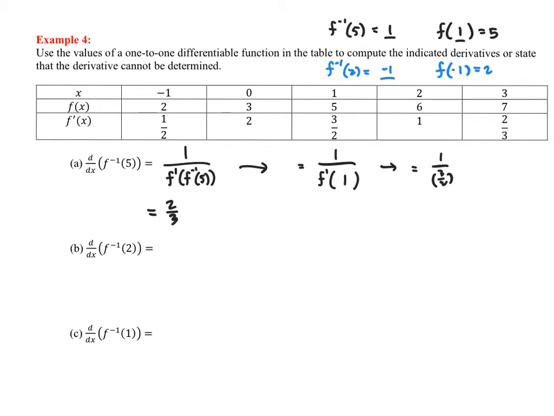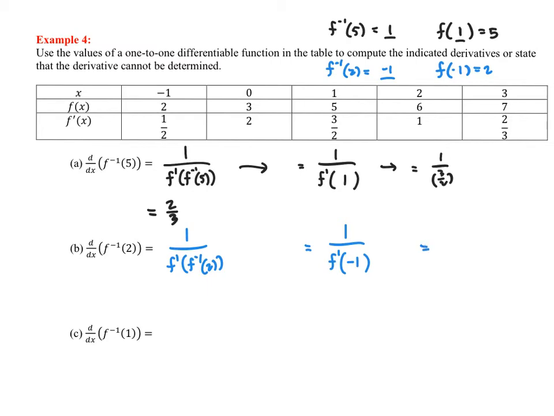So we would write the slope of the inverse function at x equals 2 would be 1 over the derivative of f evaluated at f inverse of 2, which is equivalent to 1 over f prime of -1, since f inverse at 2 is -1.